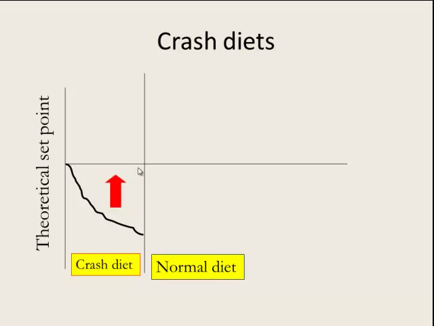It thinks it's starving. So when you go back to a normal diet, and people who go on fad diets don't stay on them forever, you go back to a normal diet, even a normal diet with low calorie, there are these pressures for the sugars to be converted into fats because it's trying to get you back up to that set point. And if there's no sugars in the blood, you're very hungry, glucostatic hypothesis.